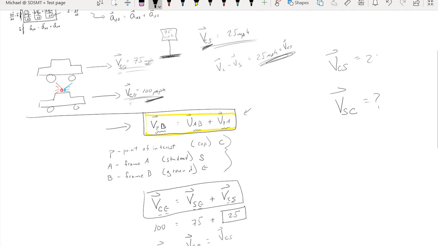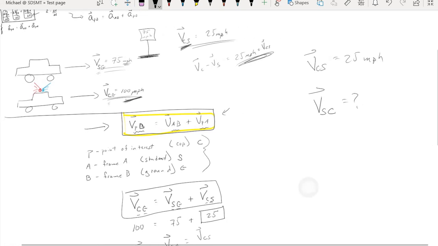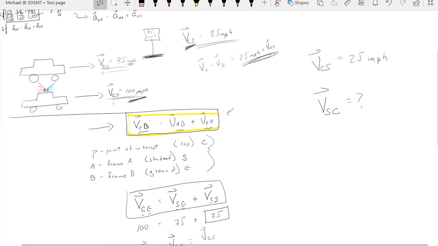So we already know that this was 25 miles per hour. So what would the velocity of the student with respect to the cop be? So what have we done here? Well, we've essentially changed reference frames. We're no longer looking at the cop car, we're looking at the student's car.